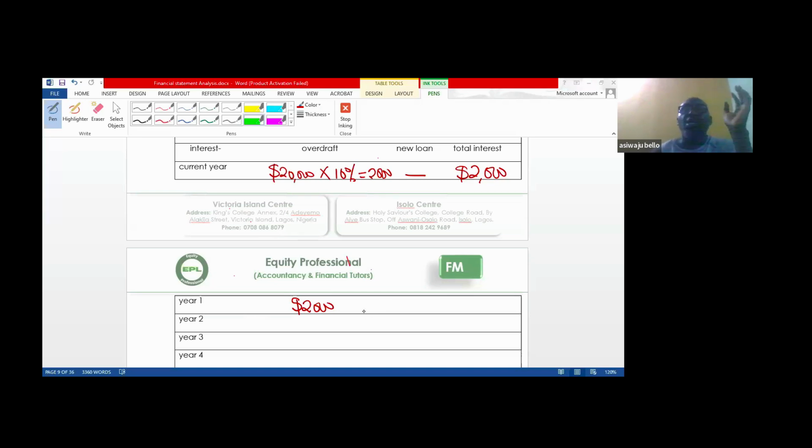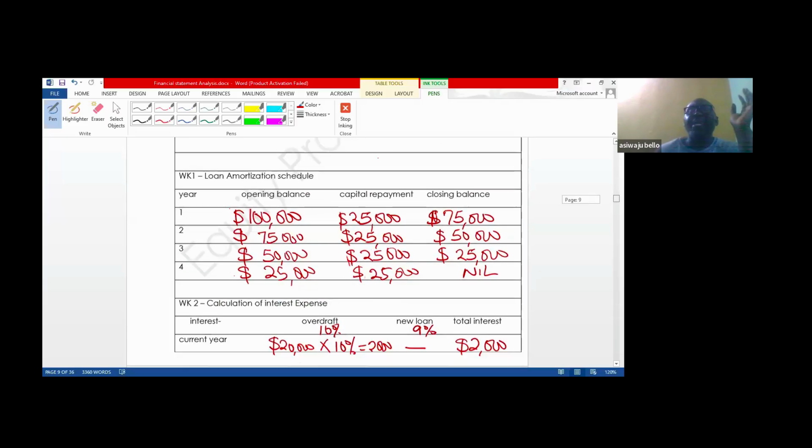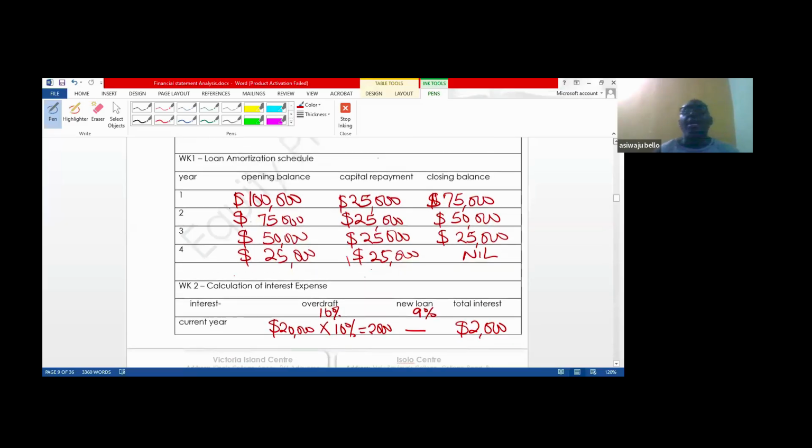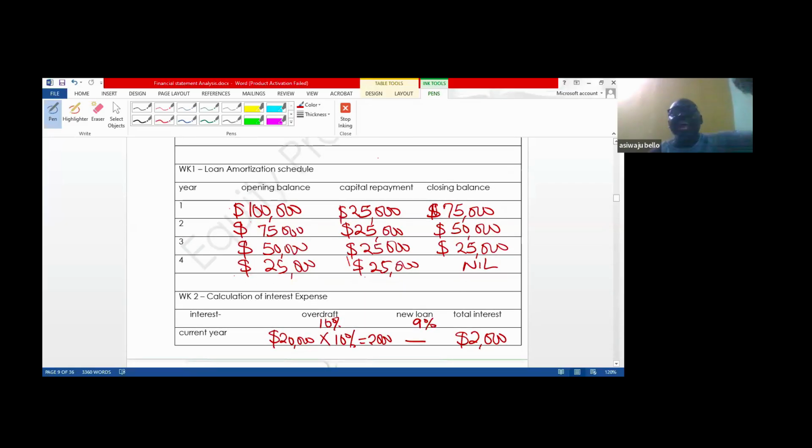Now, new loan. In year one, we have obtained the new loan. The interest on the new loan is 9%. Interest here is 10%. The examiner says interest will be calculated on the opening balance at the start of the year. Look at the start of year one.